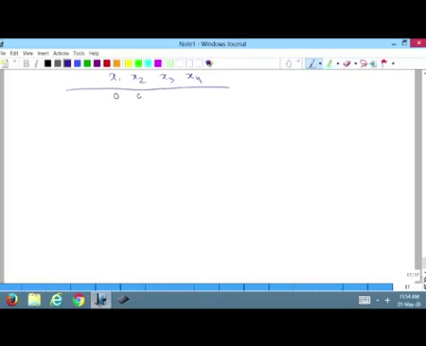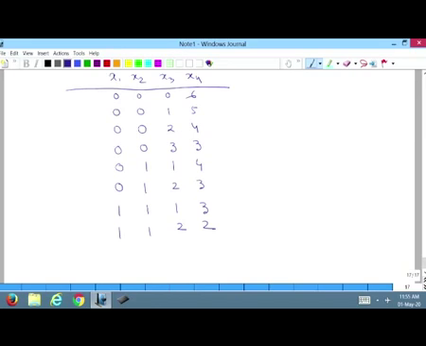We get 0, 0, 0, 6; 0, 0, 1, 5; 0, 0, 2, 4; 0, 0, 3, 3; 0, 1, 1, 4; 0, 1, 2, 3; 1, 1, 1, 3; 1, 1, 2, 2; and we can also do 0, 2, 2, 2.